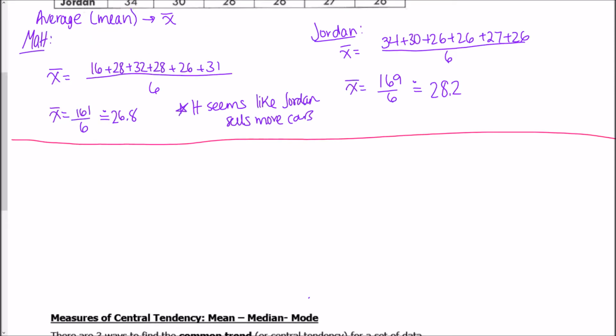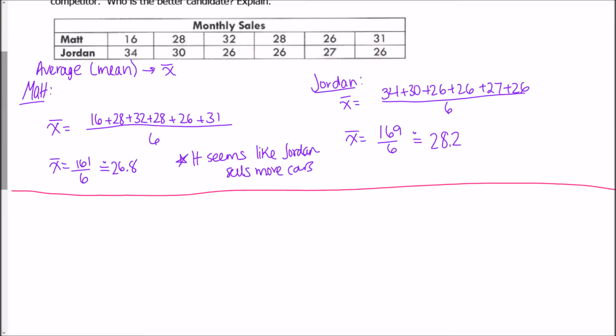So in order for me to be able to check the middle values, let's write this right here, check middle values, and I want to do this in a new color. We need to put their amounts in order.